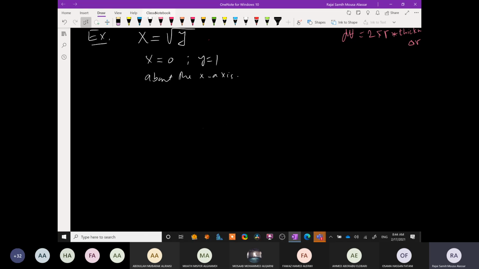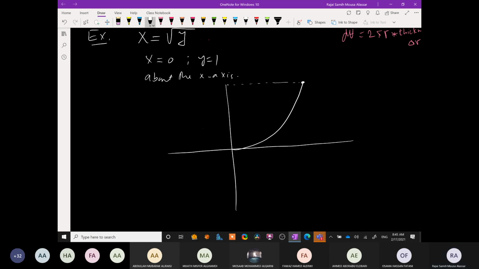So this is the graph. This y equals 1, and x equals 0 is the axis, and this is exactly the region.